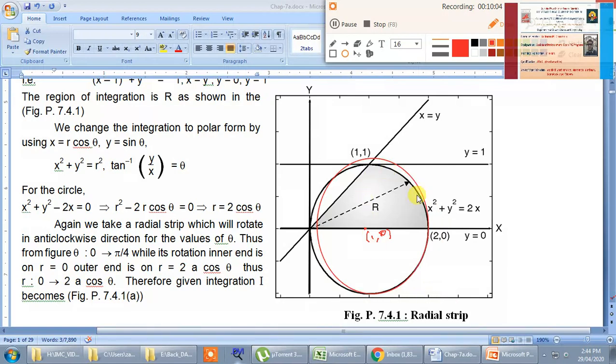So this is a circle of radius, or otherwise let us sketch it.